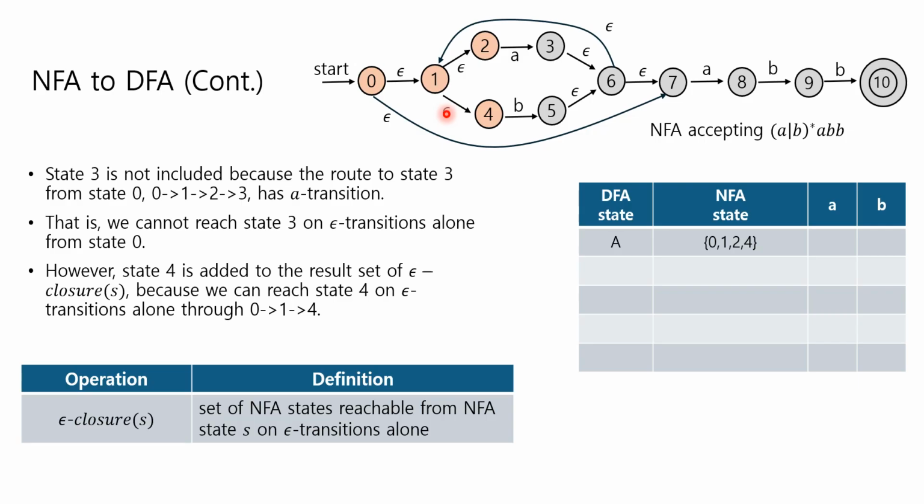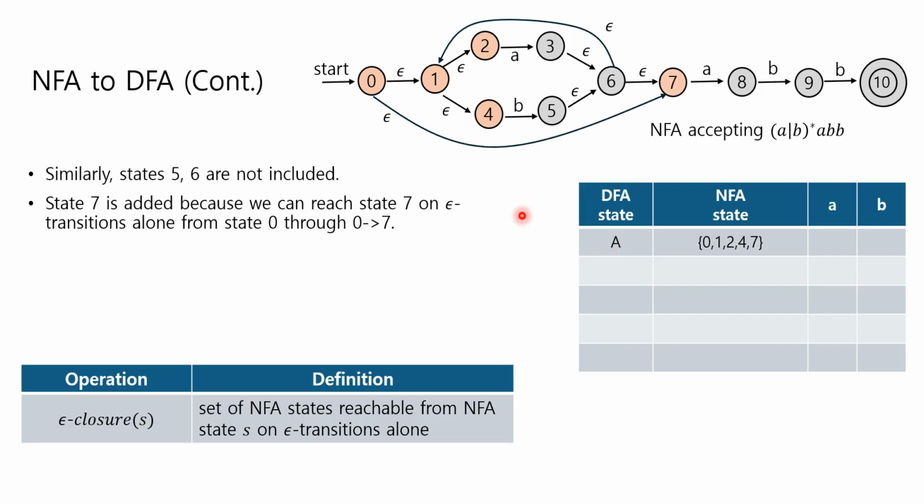So state 4 is included in the NFA states of the corresponding DFA state A. And states 5 and 6 are not included for the same reason. And state 7 is reachable from state 0 through 0 to 7 on epsilon transition alone. And states 8, 9, 10 are not included in the NFA states of the corresponding DFA state A because they are not reachable from state 0 on epsilon transitions alone.